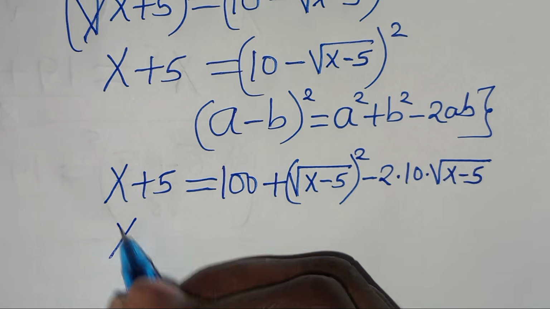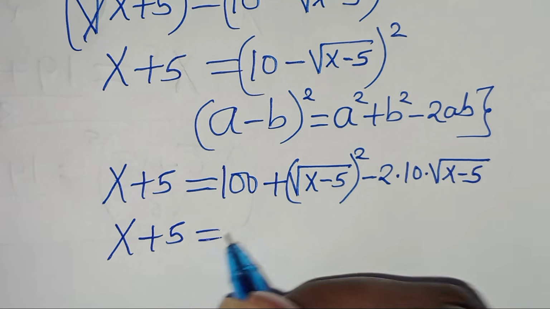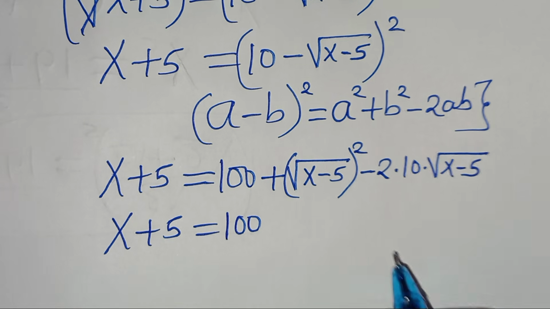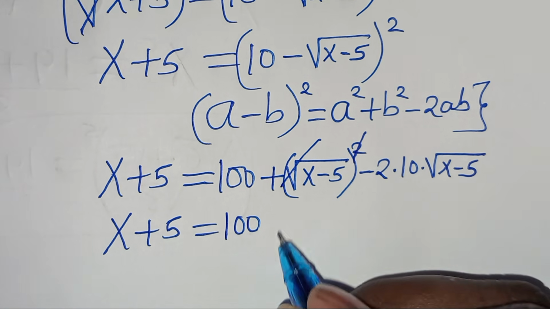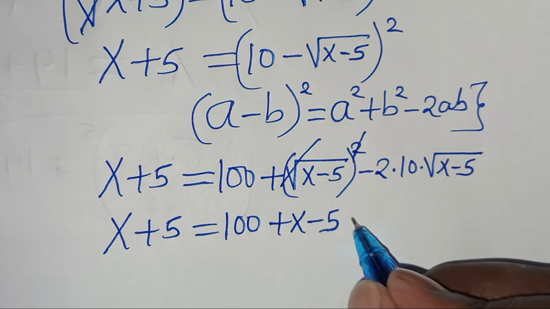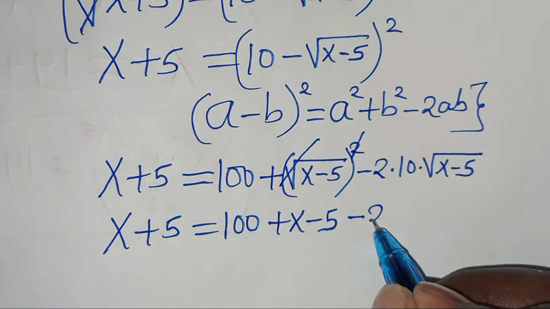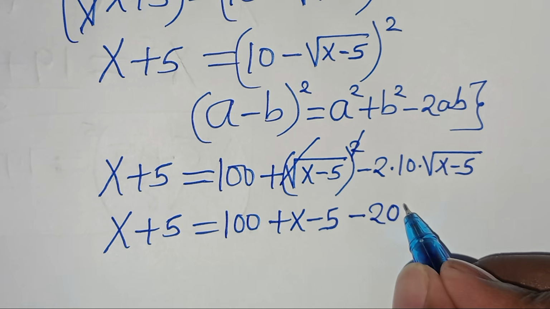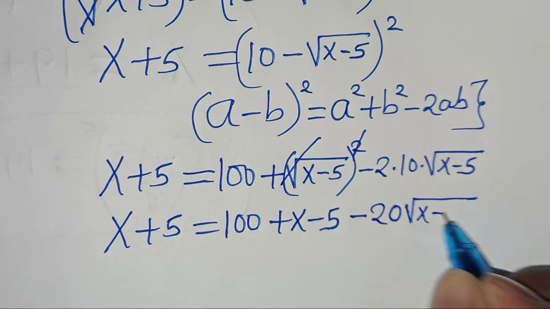Now we have x plus 5. This is equal to 100. Let's eliminate the square root sign here. So this is plus x minus 5. Then minus 2 times 10, this is 20, square root of x minus 5.